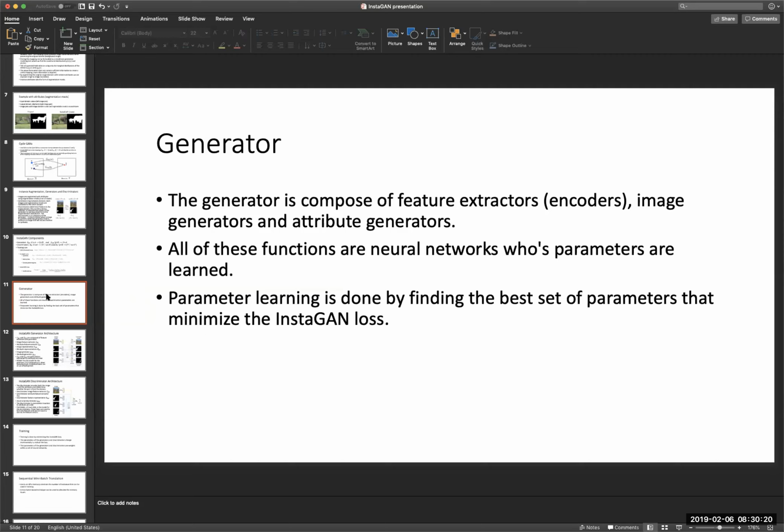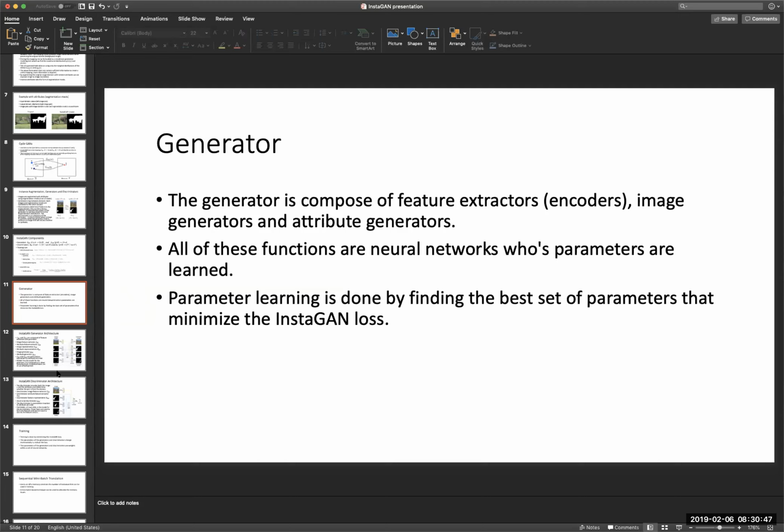So all of these functions are parametric, and they are implemented as neural networks. And then the parameters of these neural networks are learned. And parameter learning is done by finding the best set of parameters that minimize the InstaGAN loss.